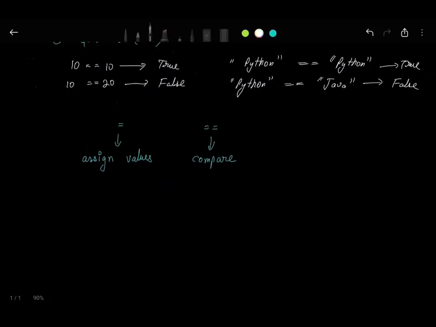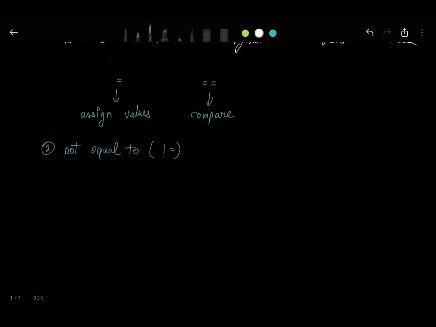Now moving to the next operator, which is not equals to. The not equals to operator is exactly the opposite of the equals to operator, and it is represented by this sign. This is how we represent a not equals to operator.